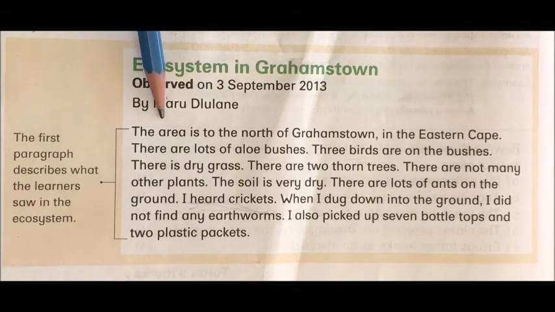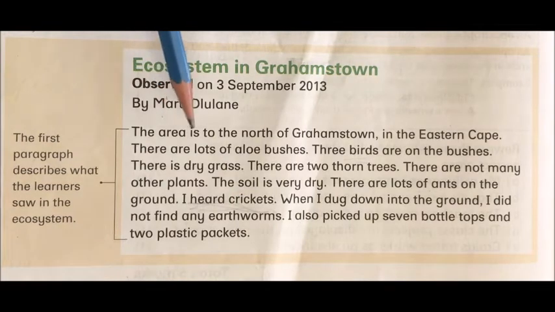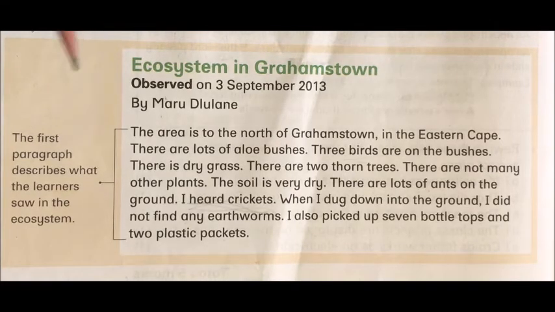Then you leave a line open and you start with your first paragraph. You will see in this example there were 2 paragraphs, and you will also write 2 paragraphs. So what does the first one say? The first paragraph describes what the learners saw in the ecosystem.